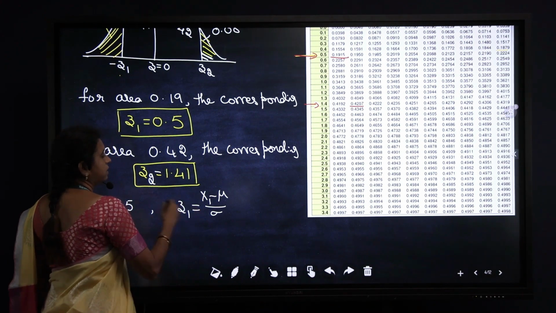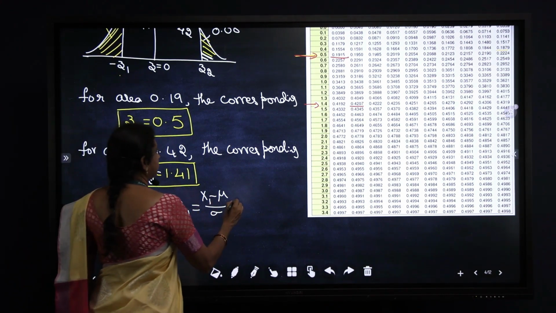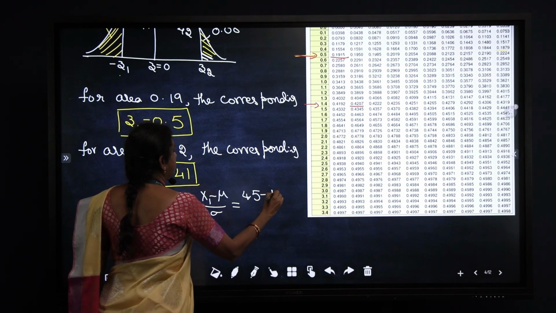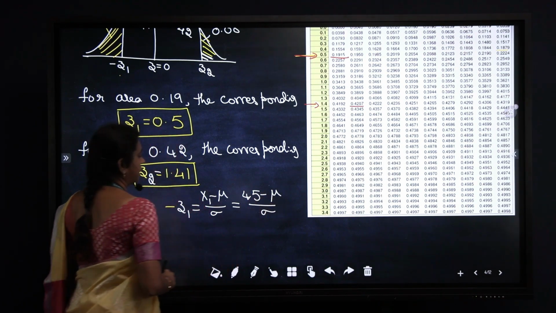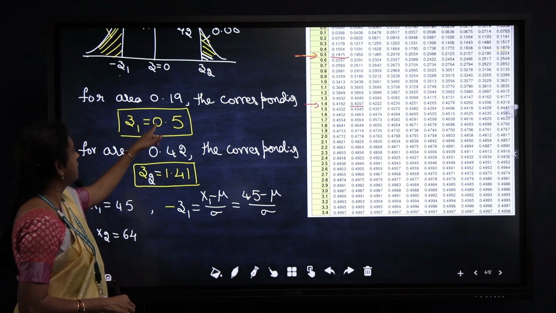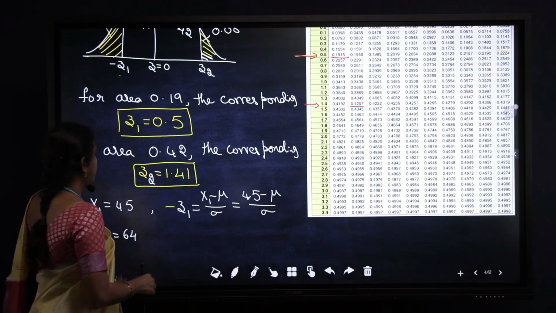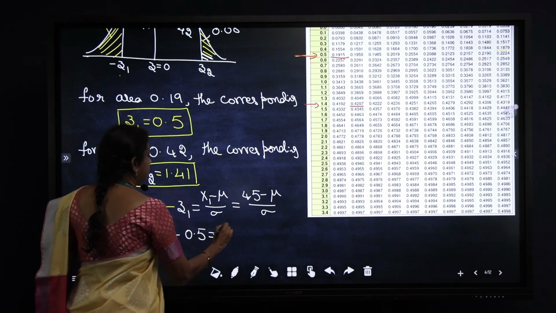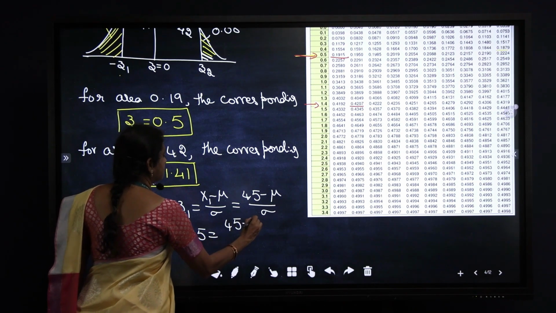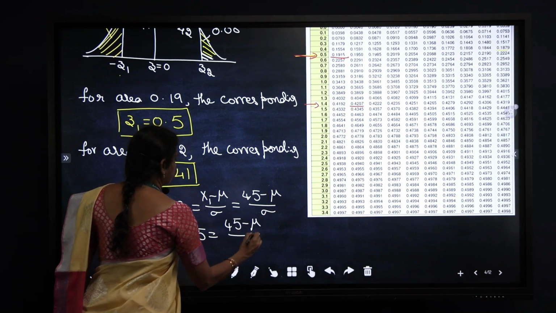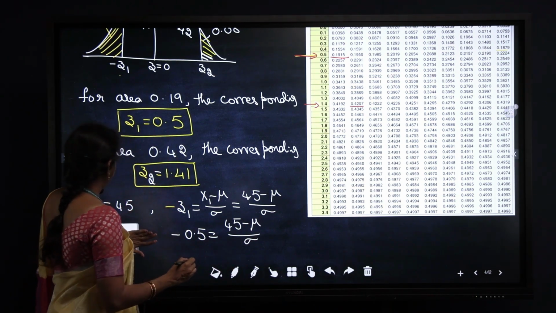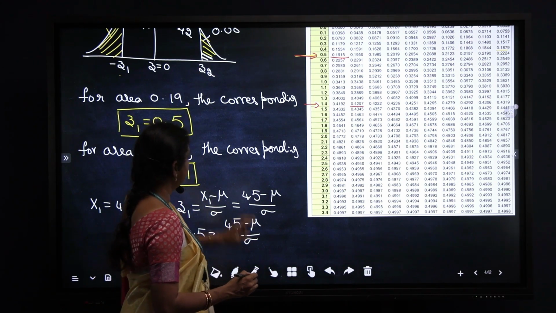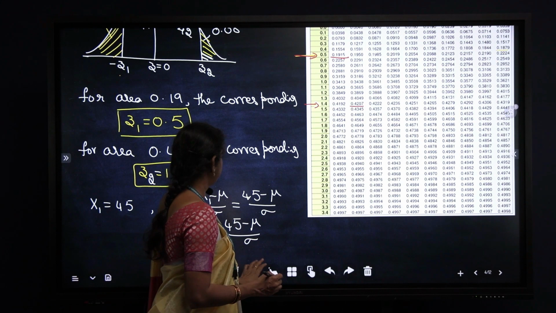Minus z1 equals x1 minus mu by sigma, which is 45 minus mu by sigma. The z1 value here is 0.5, so minus 0.5 is equal to 45 minus mu by sigma, right? Similarly for x2 equal to 64, it's on the right side, so we'll take it as positive.